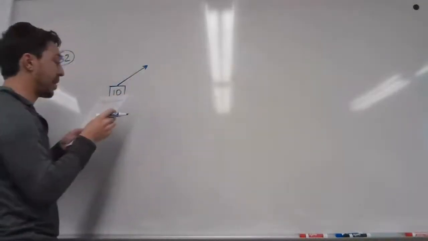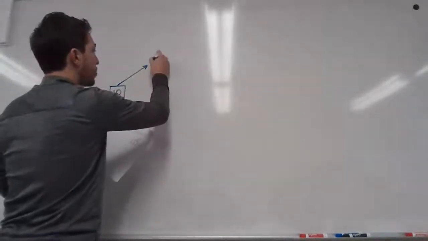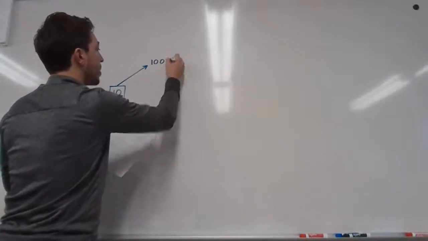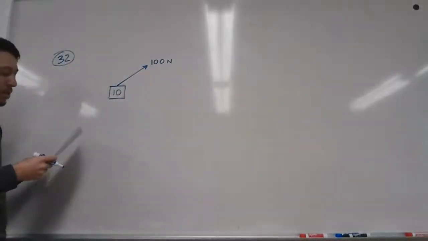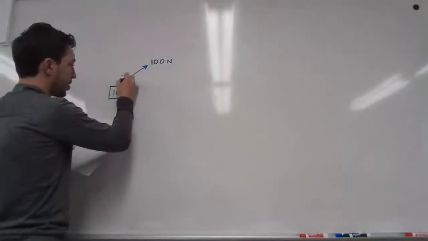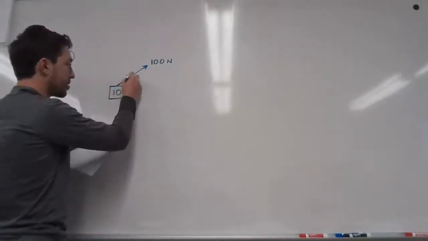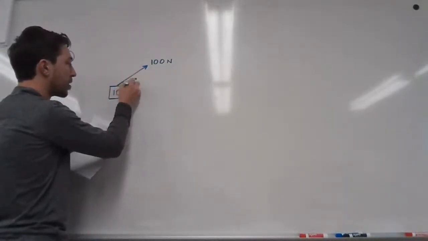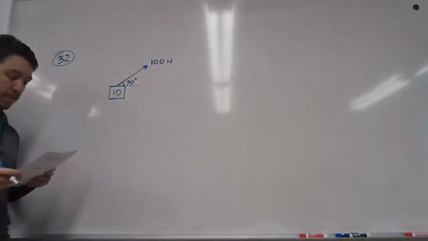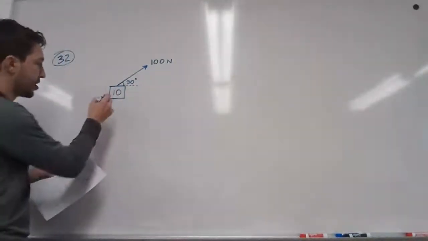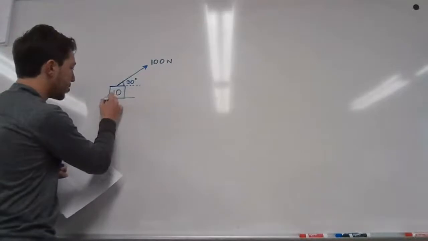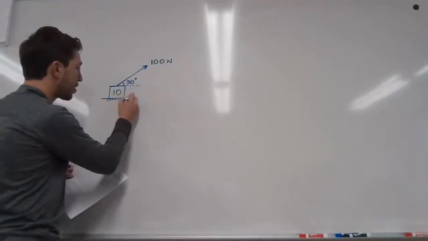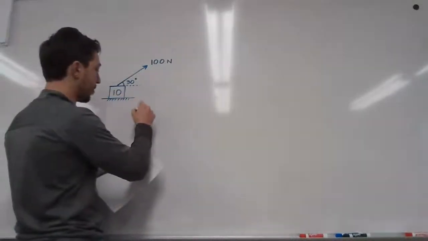It says it's being pulled with 100 newtons of force. So that's all we know so far. This is 30 degrees, according to the problem. And then there's friction between the floor and the block, where mu is 0.4.